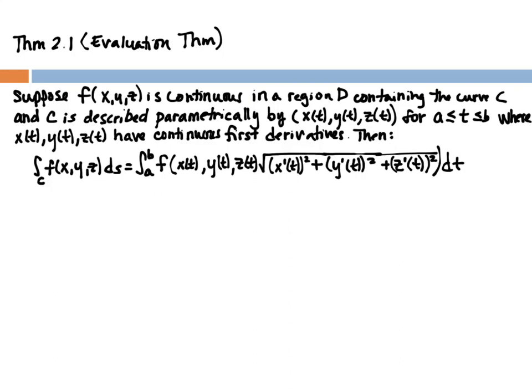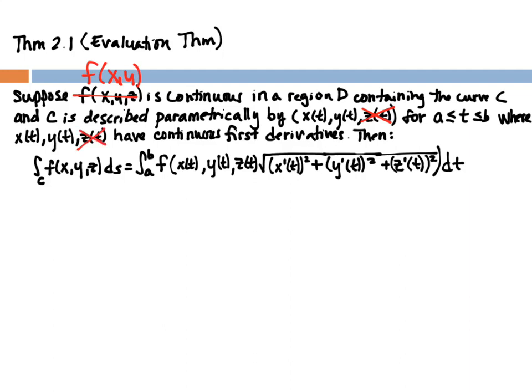If we changed this for a two-dimensional version, obviously here you get f of x, y. We don't have x of t, y of t, z of t. We just have x of t, y of t. T still goes from a to b. That part's the same. And obviously we don't have a z of t.